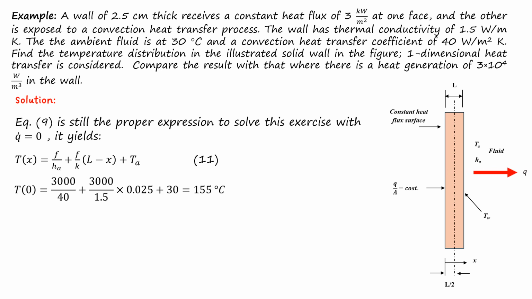And if we apply this equation for the case where x equal to 0, then we will get a temperature corresponding to 155 degrees Celsius. That is the face which is exposed to a constant heat flux.